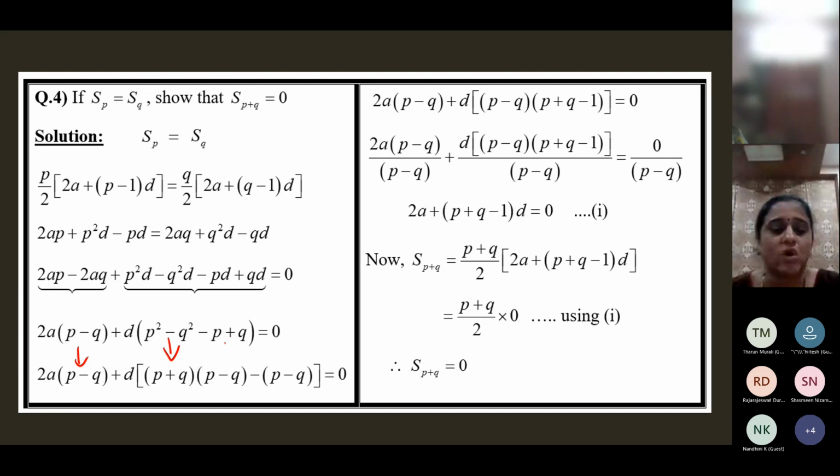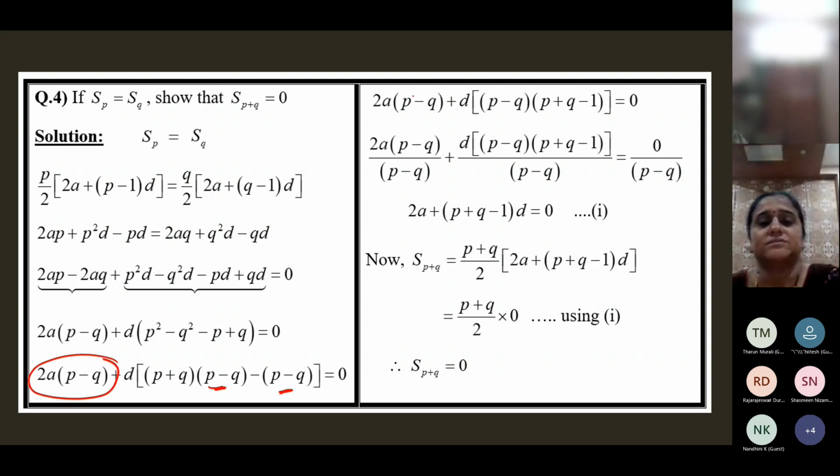And here take out minus common. Minus is common. Minus p, minus into minus q is plus q. That's the next step. So again, p minus q is common. Write this as it is.